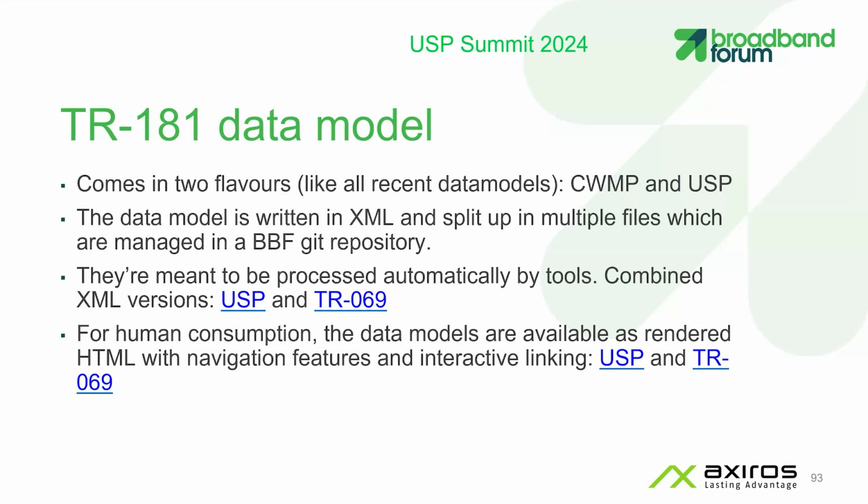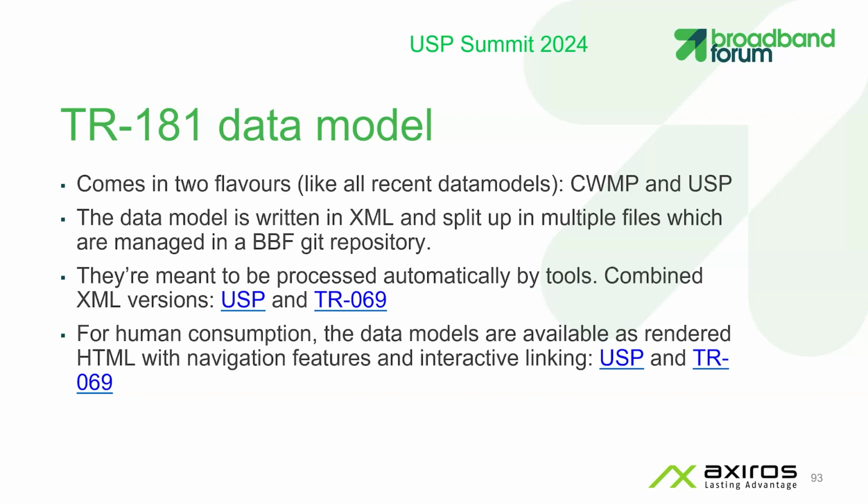So we do have the compiled versions. Since they are split up, we are basically reassembling them into a single document, and there are two different versions. So there's USP Data Models .broadbandforum.org, and there's CWMP Data Models .broadbandforum.org, which contain those.